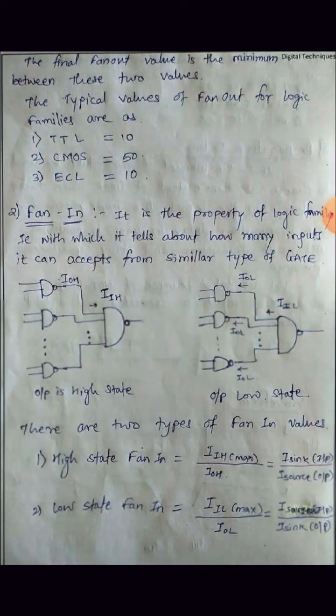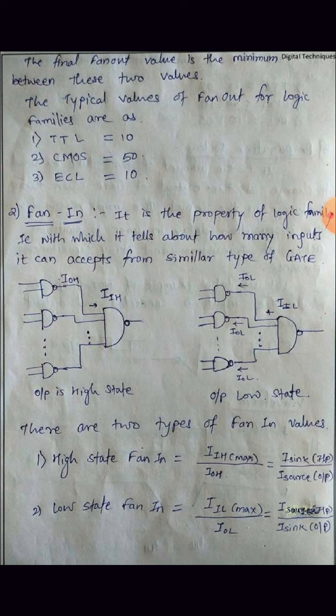Here we can see that in the TTL family, fan out is 10. For the CMOS, it is 50, and for ECL, another family, that is emitter coupled logic, fan out is 10.